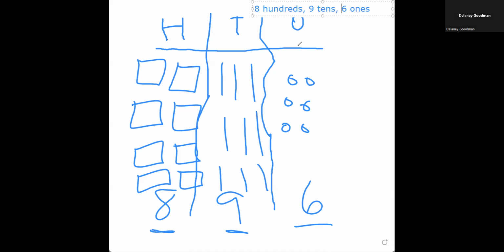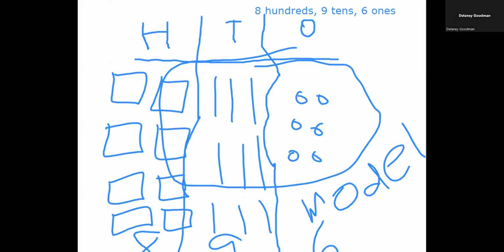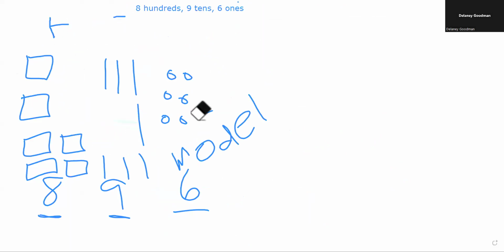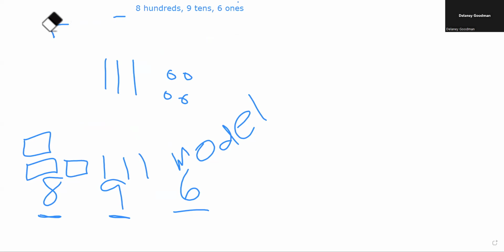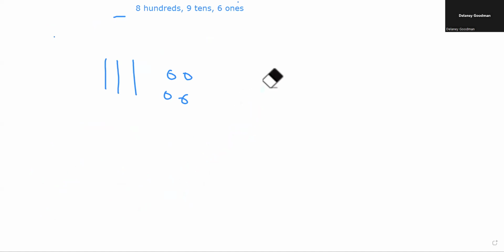So right here, we have the model. And right here, we have the base 10 language. Now, those are just two ways to represent the number 896.